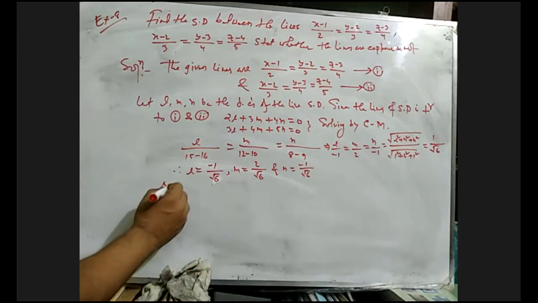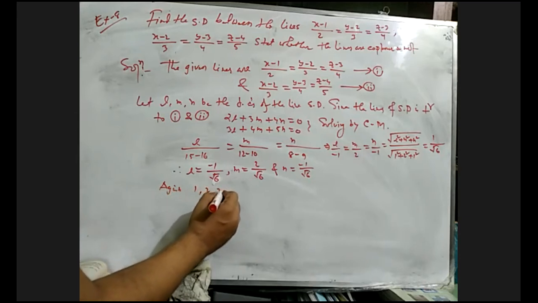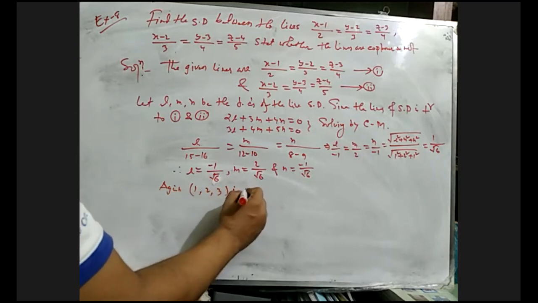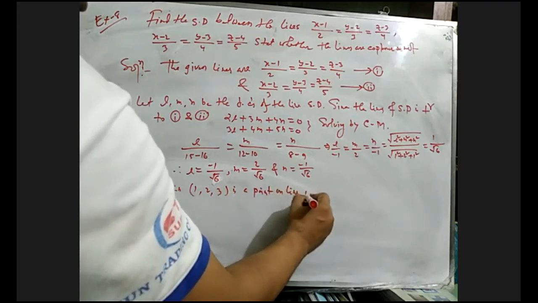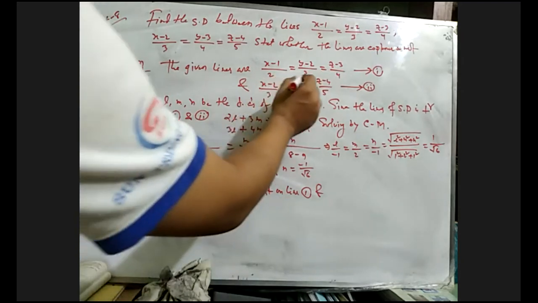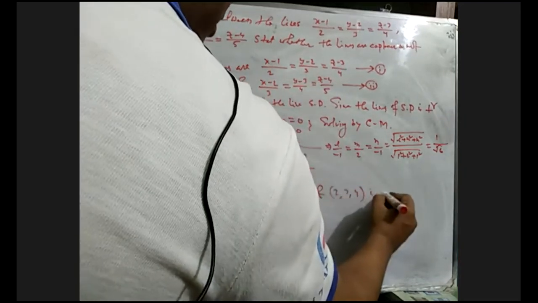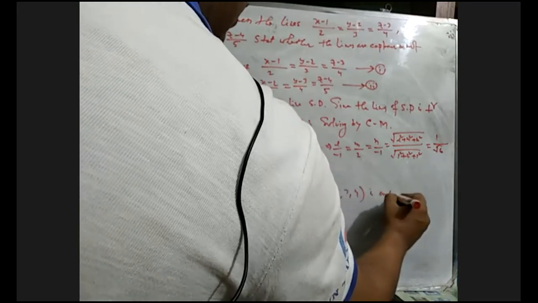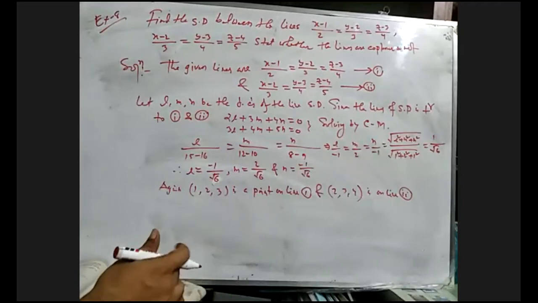Again, 1, 2, 3 is a point on line 1, and another point 2, 3, 4 is on line 2.